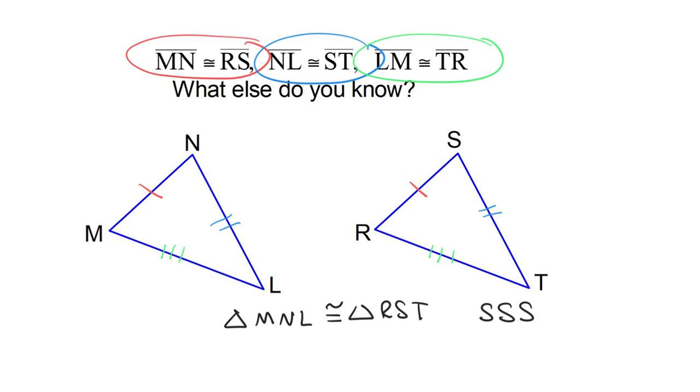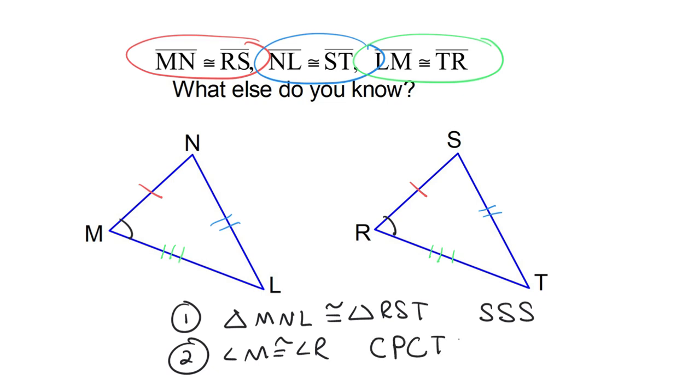Now, because I first proved that those two triangles are congruent, now I can say any of their parts that correspond are also congruent. So I could say, for example, angle M is congruent to angle R. This is using the whole CPCTC. Corresponding parts of congruent triangles are congruent.